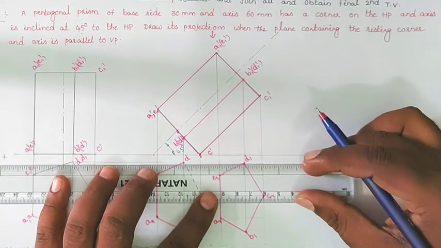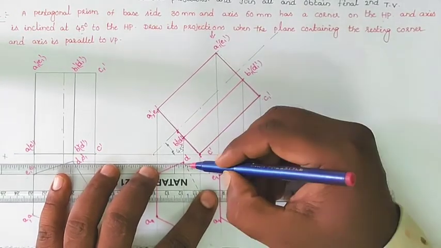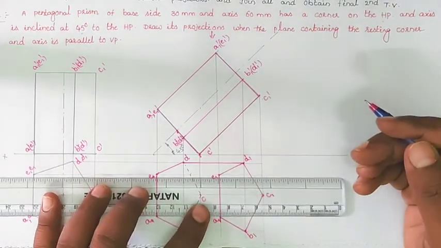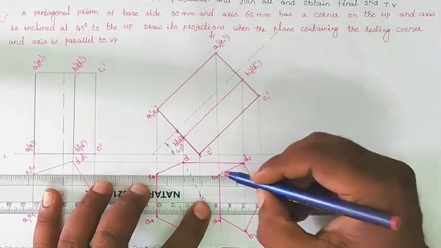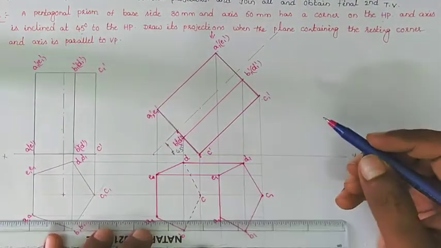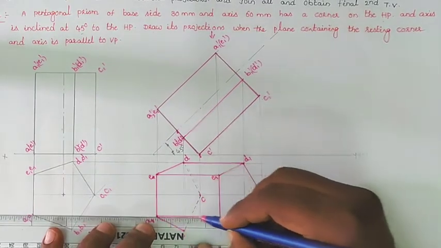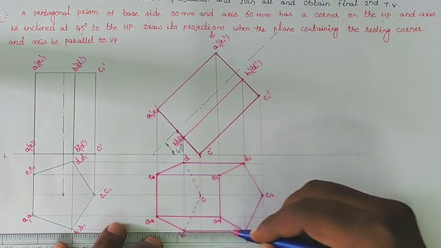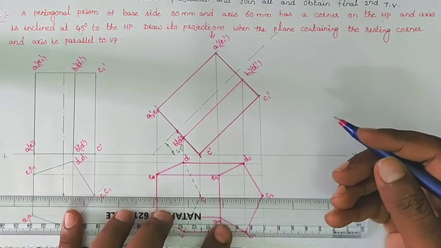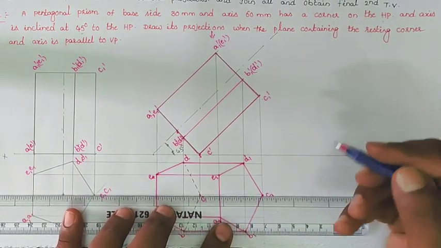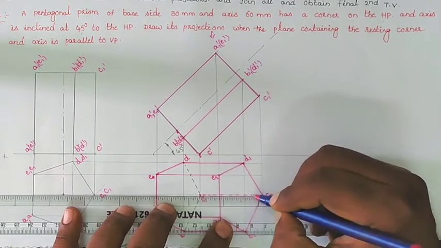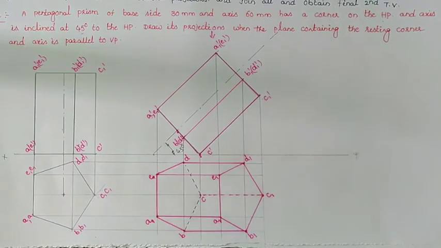After that, we will draw the longitudinal edges, joining D, D1, E, E1. Similarly, the A, A1 longer edge and B, B1 longer edge, but C, C1 is invisible, so we will get dotted lines here. So this is our required diagram.